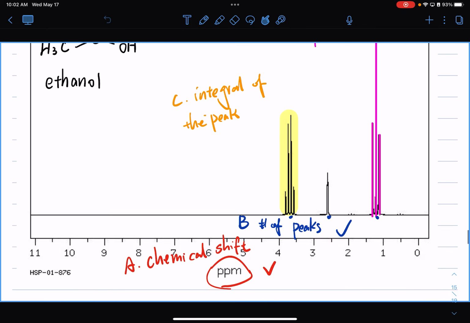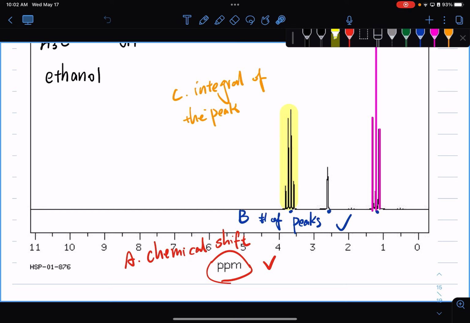Right? So the first piece of information is the chemical shift, or the position of your peak on the proton NMR. And that tells you the relative environment your target signal or target nuclei is feeling. The number of peaks tells you the number of chemically inequivalent nuclei or hydrogens you have in your molecule.